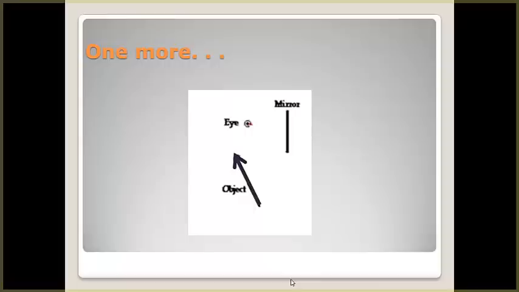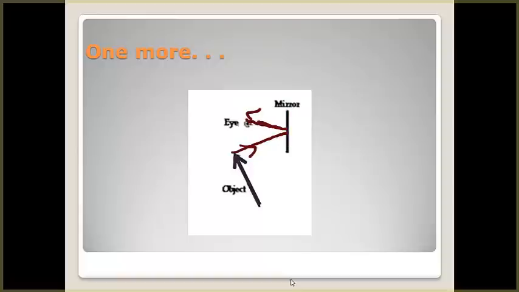Okay, I'm going to start and I'm going to draw a ray leaving that object. If I want to be able to see it, it needs to reflect in such a way that it travels back towards my eye. So again, it left the object, traveled towards my eye. Now, if I'm looking at the mirror, I can see any of those rays that are acting along that surface of the mirror.